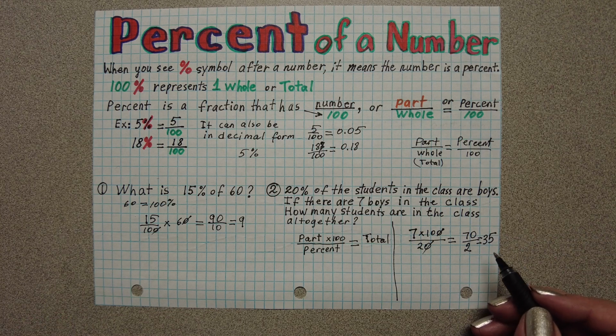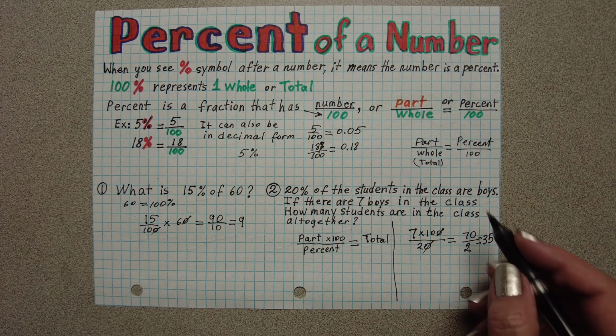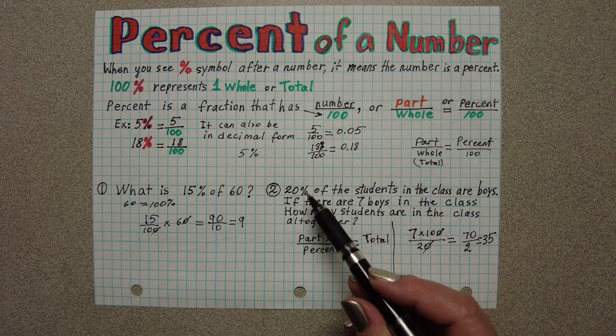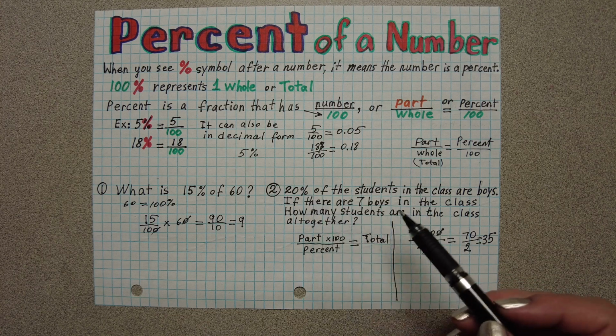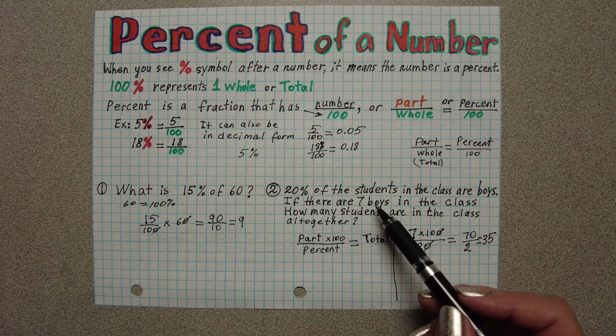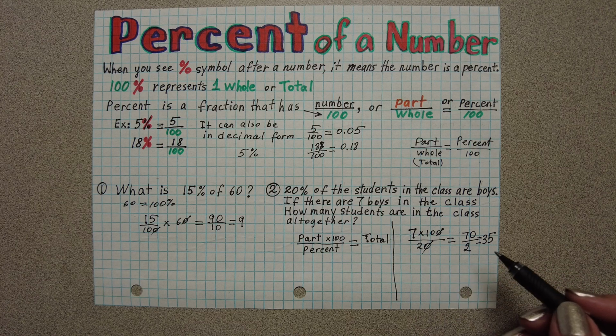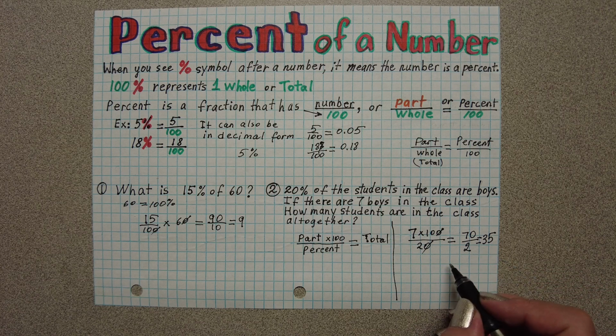Now we found the total number of students in the classroom. 20% were boys, and we knew boys were 7. And what was the total amount of the students? It was 35.